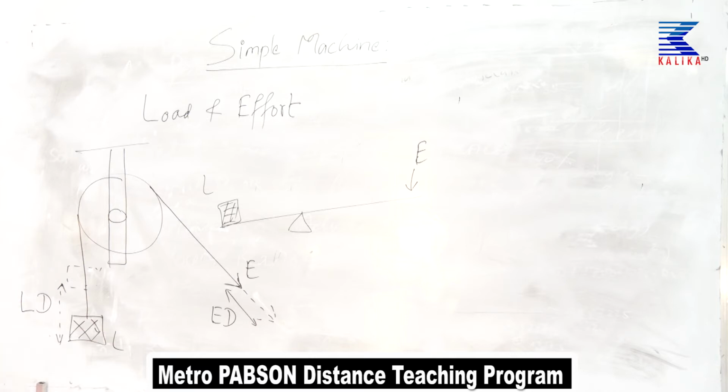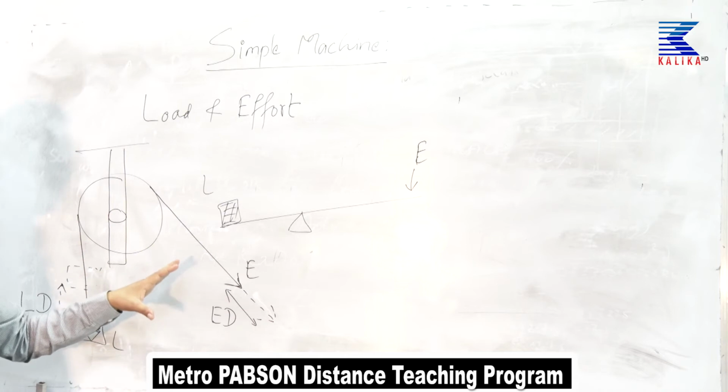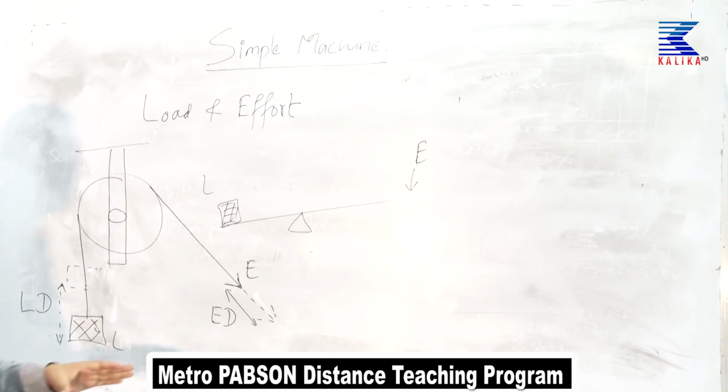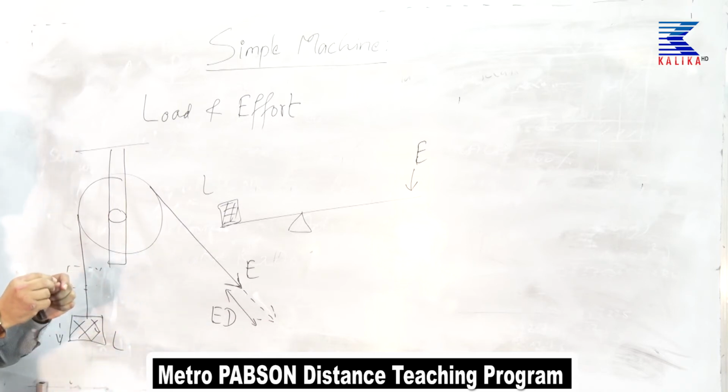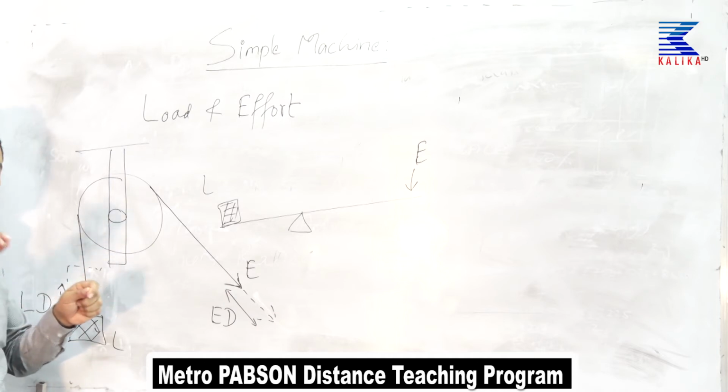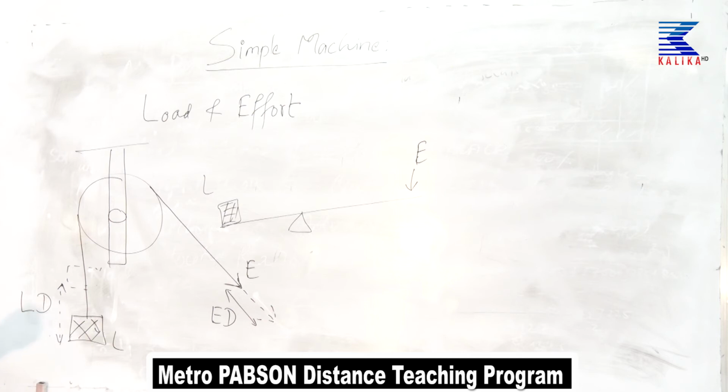While doing the work, the point where effort is applied travels or covers some distance. That is the effort distance, and with that the load also moves some distance, and the distance covered by the load is the load distance.